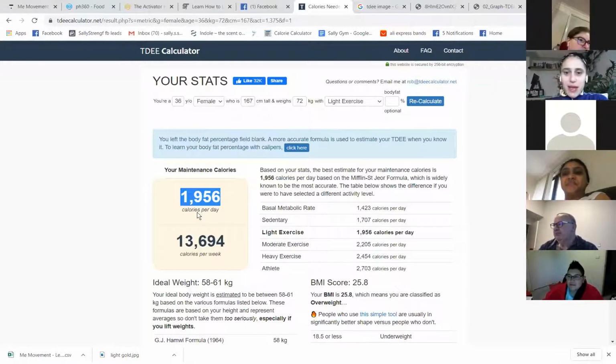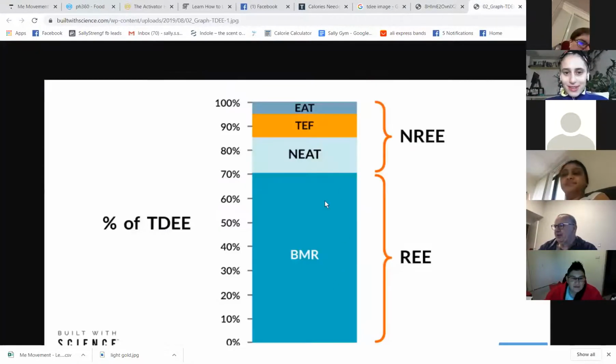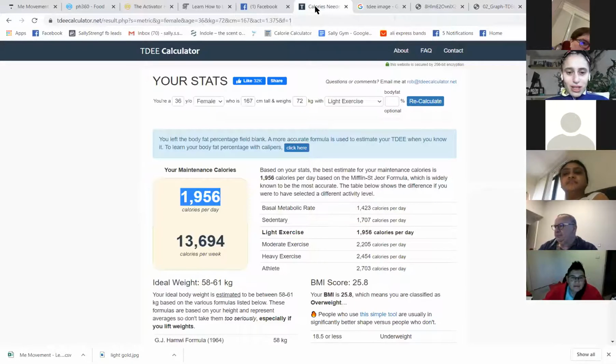Yes. But if you go back to our little image of explanation, making sense? So if my maintenance calories is 2,300, massive, huh? Pretty massive, because obviously everyone's pretty different.